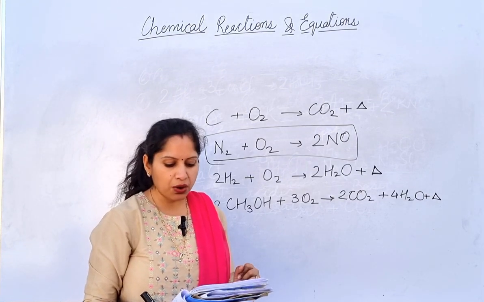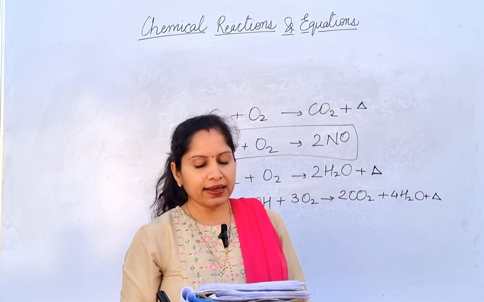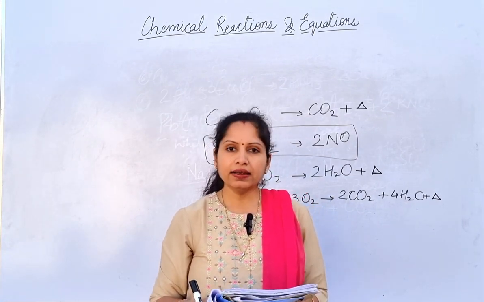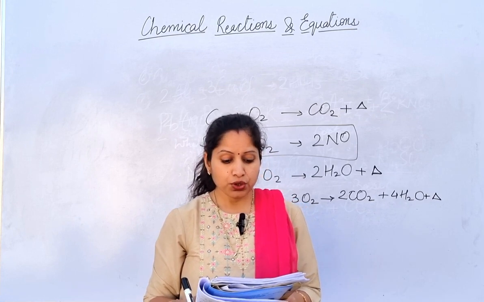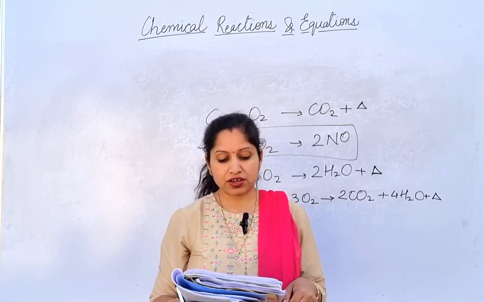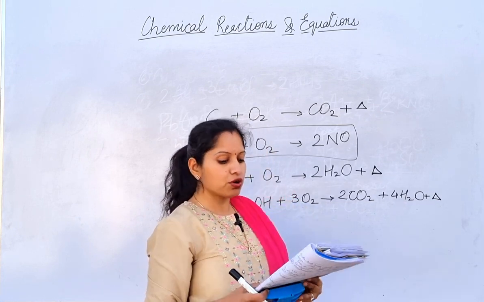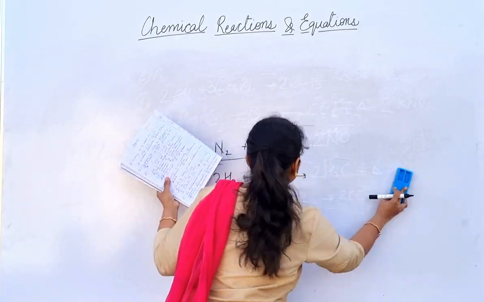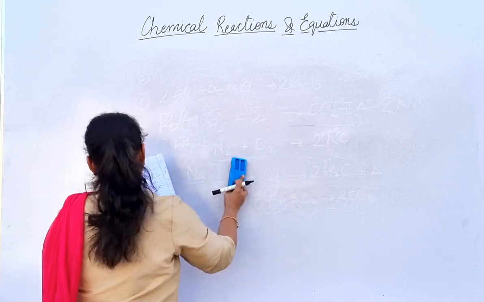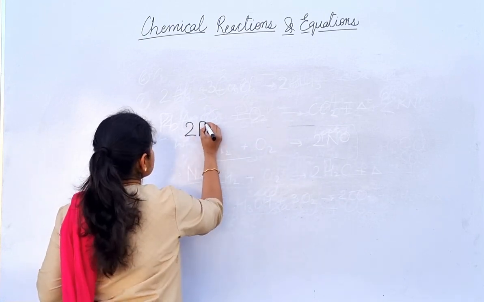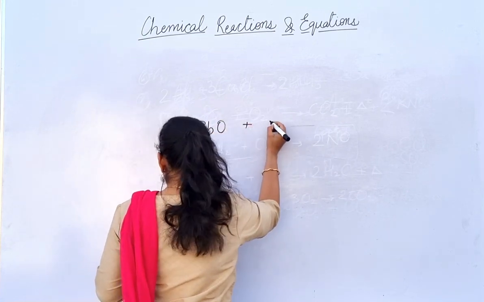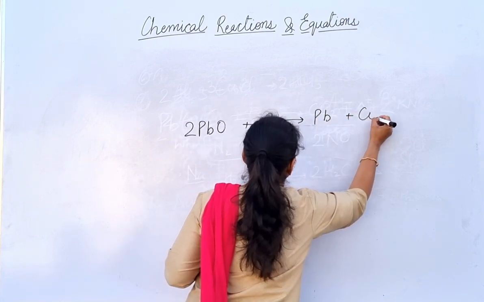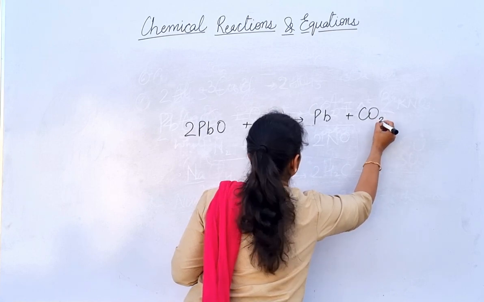Okay. Now, next question. Lead oxide combines with carbon to form lead and carbon dioxide. Which is not true about this reaction? You have to tell what is not true about this reaction. So, I am just writing it on the board. Lead oxide combines with carbon to form lead plus carbon dioxide.